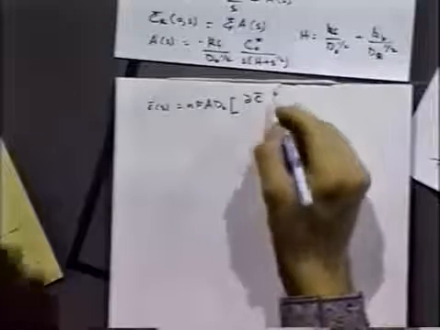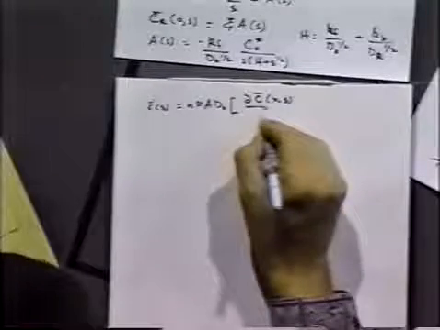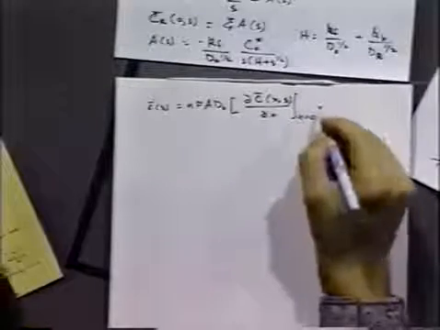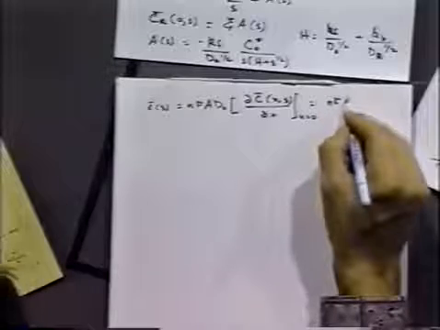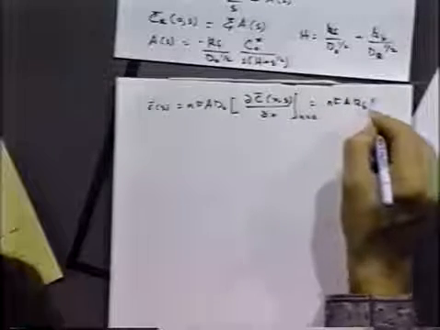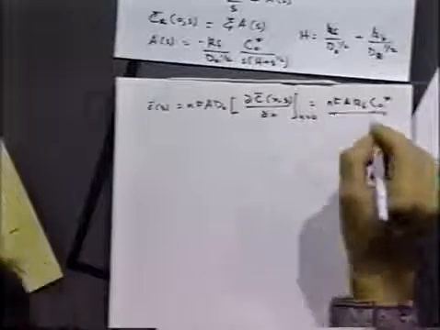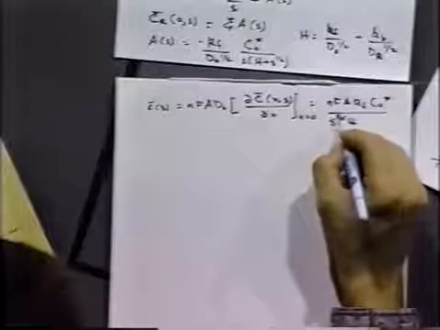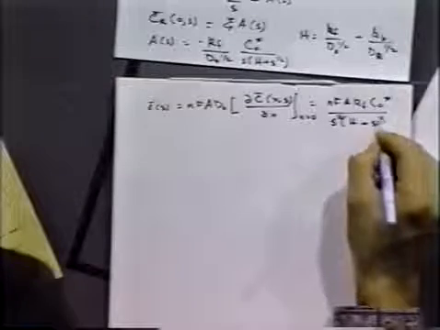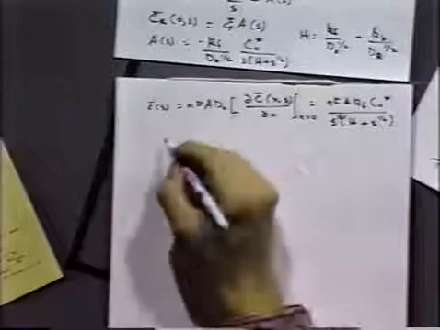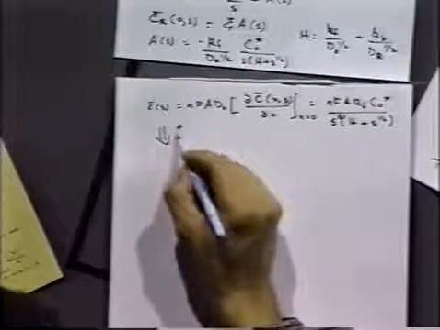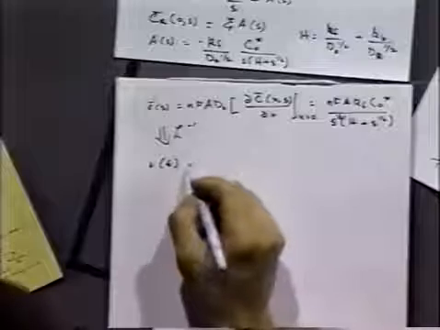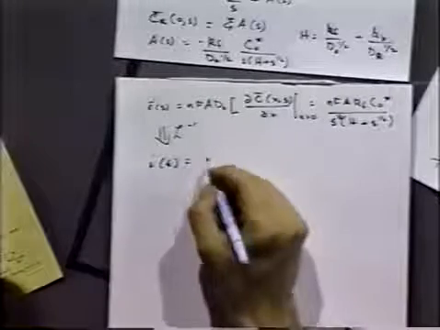Again, the gradient at the electrode surface. And do the inverse transform, and we get the current as a function of time.